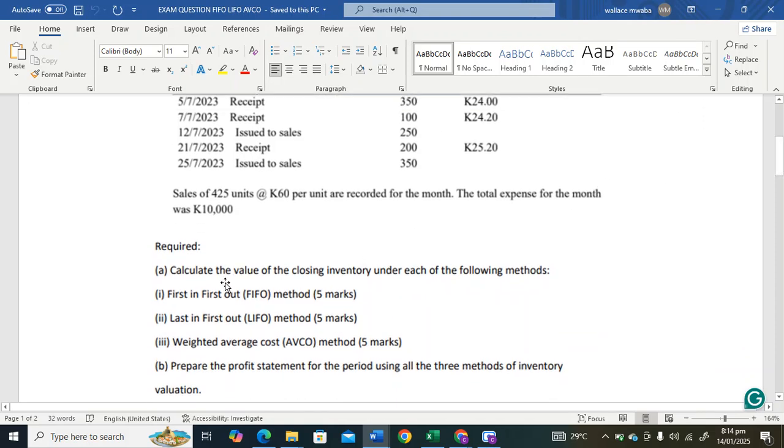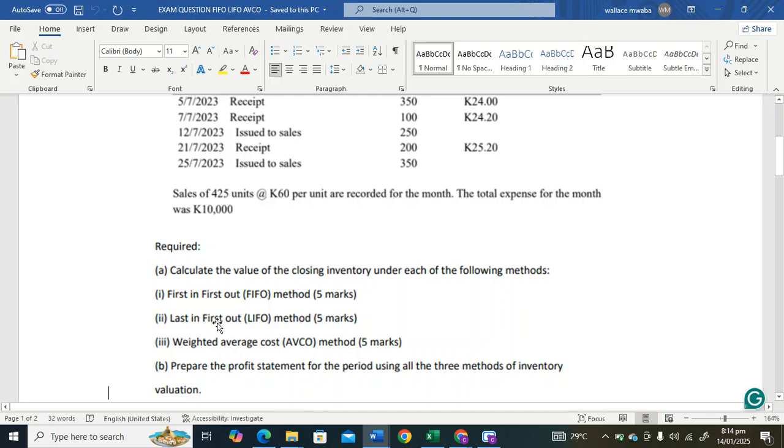So let's calculate the value of the closing inventory under each of the following methods. The first in, first out method, where the goods that came in first are the ones that are going to be sold first.